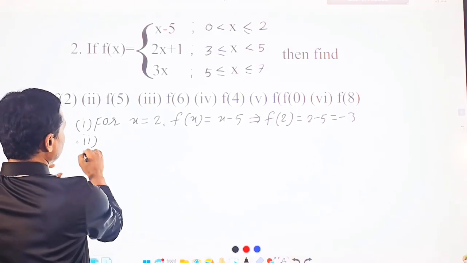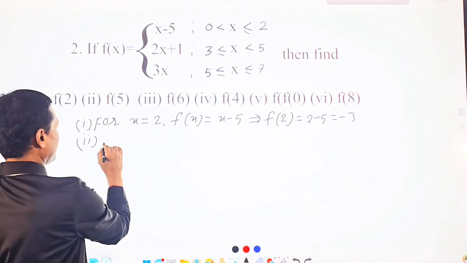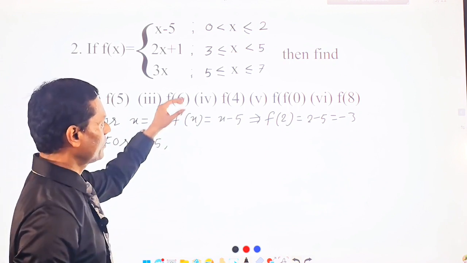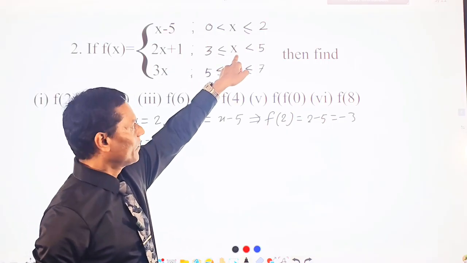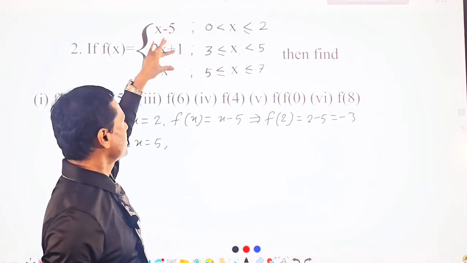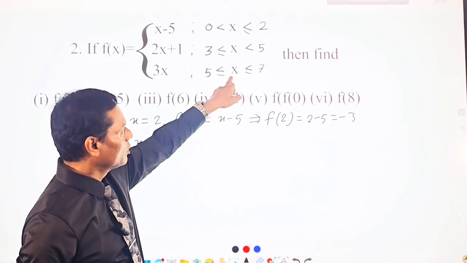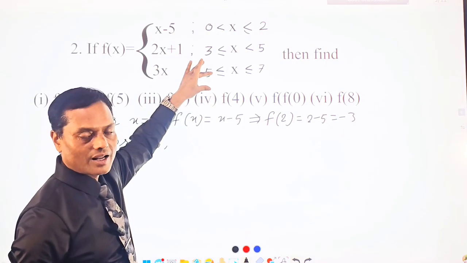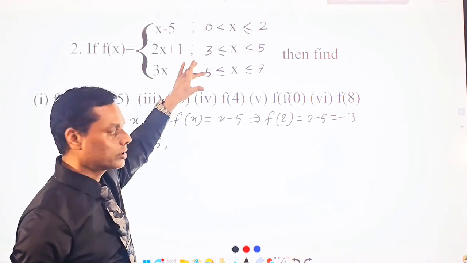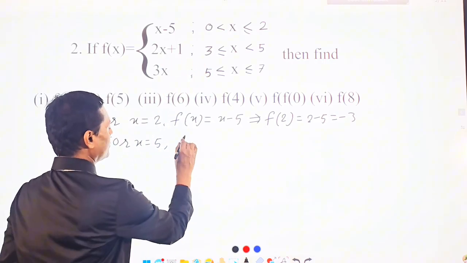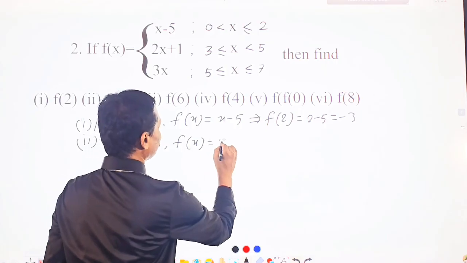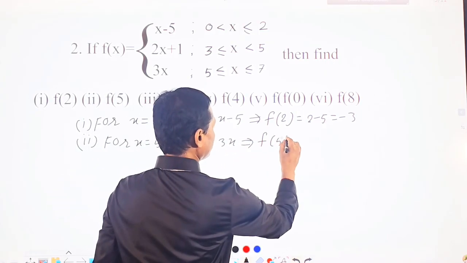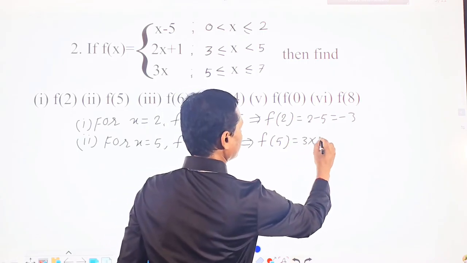The second one is f(5), right? So for x equals 5, have a look here. Here the value of x is less than 5, so we cannot select 2x plus 1. But here the value of x is more than or equal to 5, so the last option is correct for x equals 5. So we can write f(x) equals 3x, which gives us f(5) equals 3 into 5, that is 15.